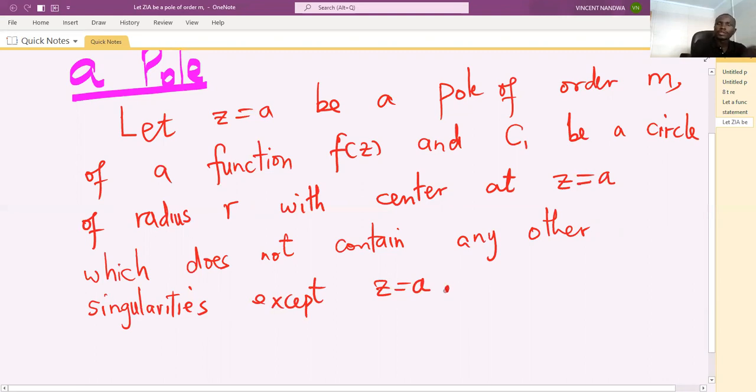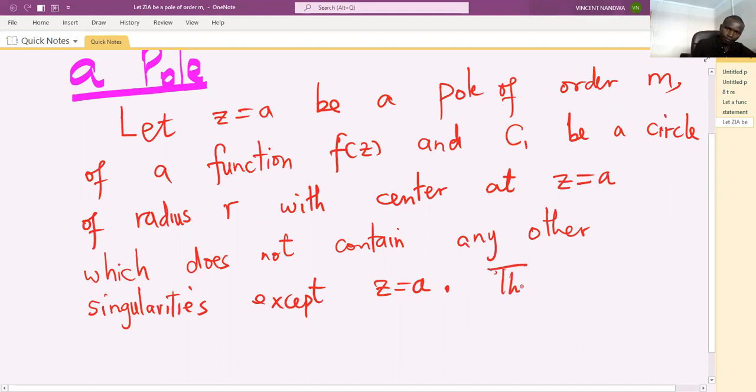So let that be the setup: a is the pole of order m of f of z, and we define C1 to be a circle of radius r centered at the point z equals a, which does not contain any other singularities except the point z equals a.